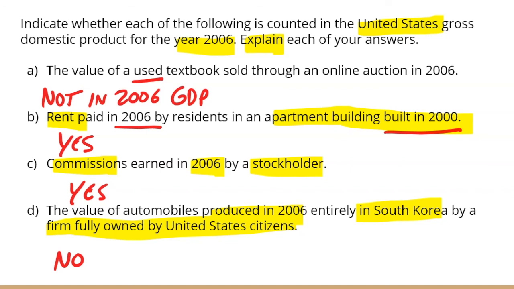So if this whole FRQ is looking at the United States GDP, because the automobiles are produced entirely in South Korea, it does not count towards the United States GDP. The US GDP does not include production outside of the United States itself.